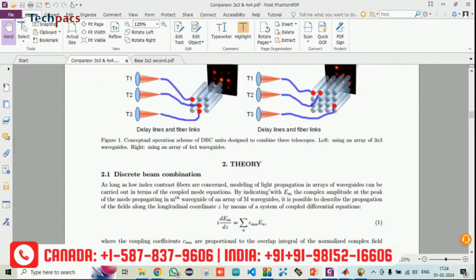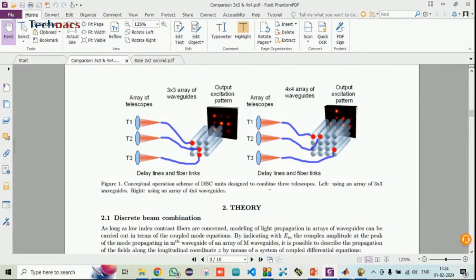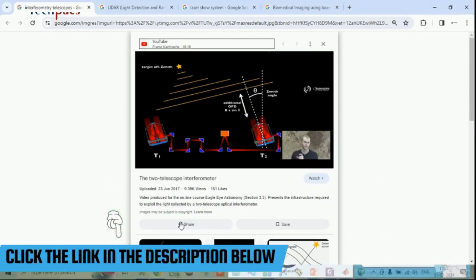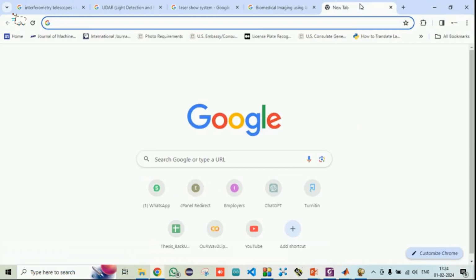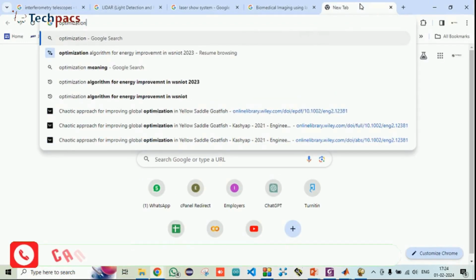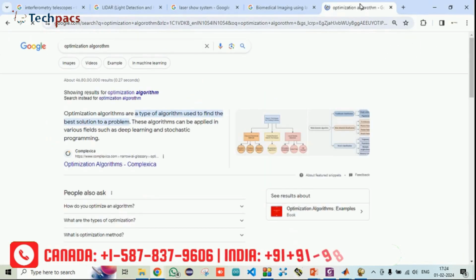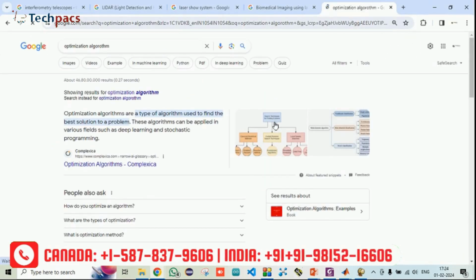Inspired by this problem, we have proposed a technique to automate the process. To automate it, we have introduced the concept of optimization algorithms. Now let's see what exactly optimization algorithms are. Optimization algorithms are a field with certain categories like heuristic and metaheuristic approaches.